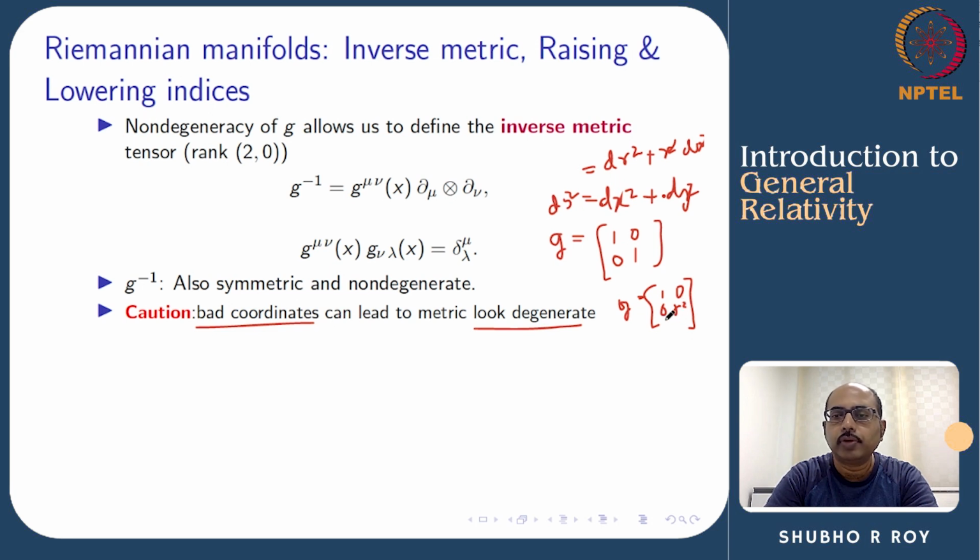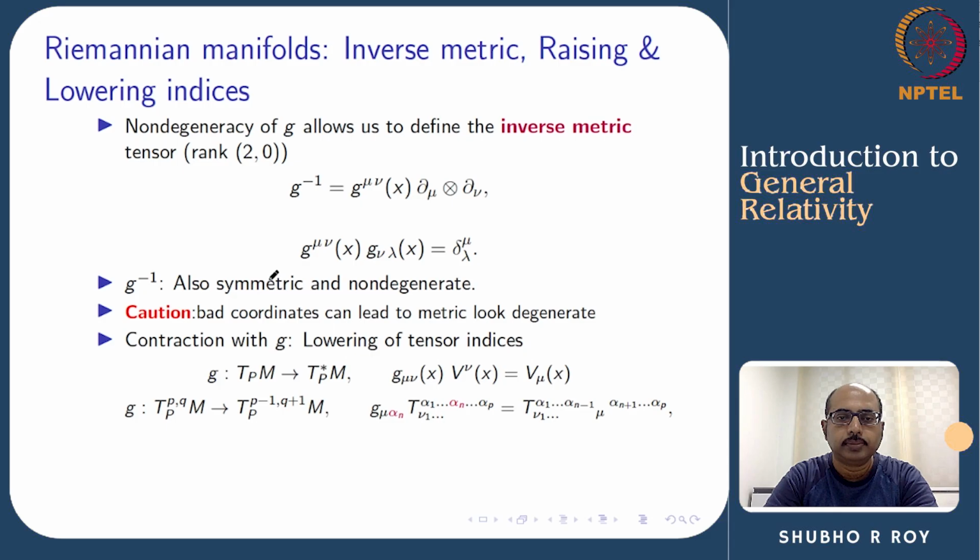Then if r is equal to 0, we have a 0 eigenvalue. So it feels like in plane polar coordinates we have a metric which is degenerate, but this is not the right thing to say, because at r equal to 0 the plane polar coordinates are not good. Theta is not defined at r equal to 0. So whenever we start with a non-degenerate metric, and a coordinate transformation leads to degeneracy of the metric, we say that coordinate system is not so good because the metric has turned degenerate.